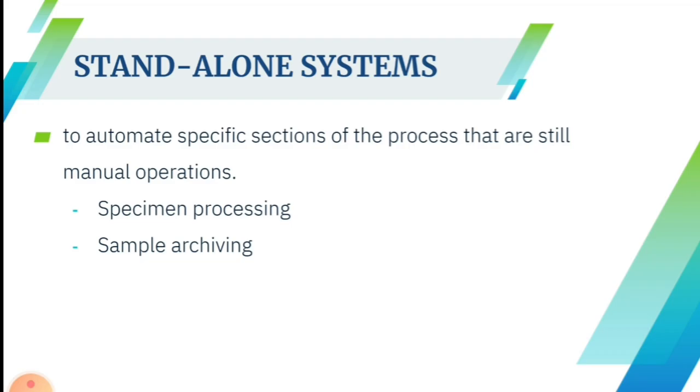In general, in quality control, laboratory instruments attached to a personal computer without LAN or WAN connections are considered standalone. The standalone laboratory is a station that has everything necessary to serve as a one-piece functional space station. Therefore, it is used to automate specific sections of the process which are still manual operations. So that's your standalone system in the laboratory.